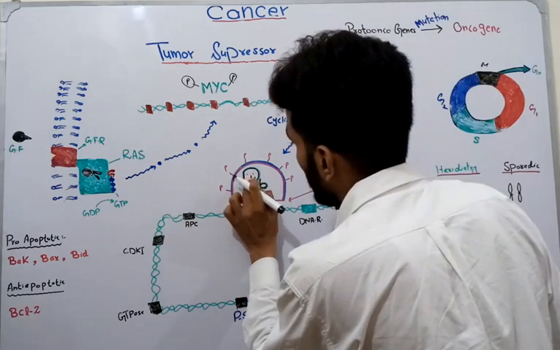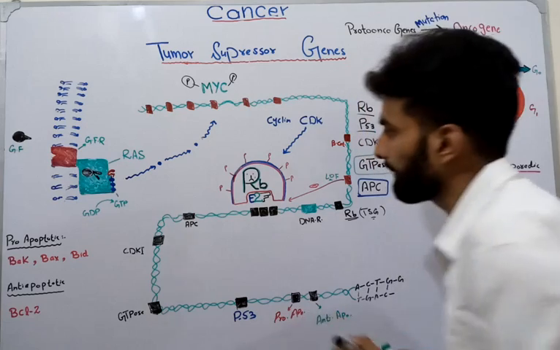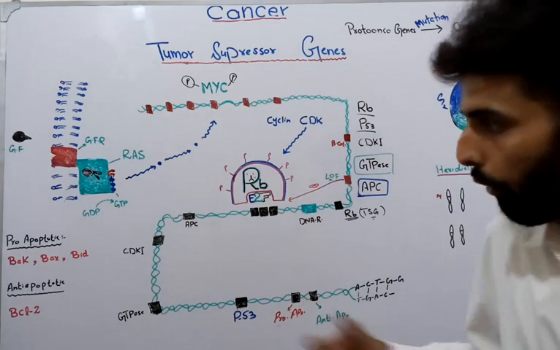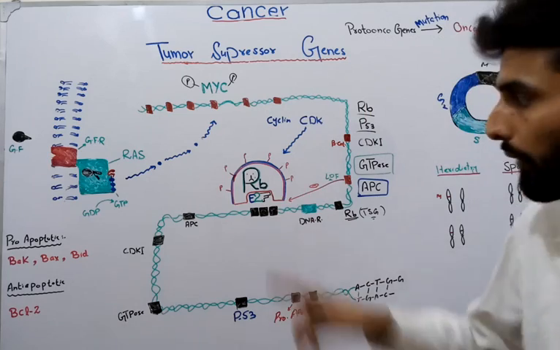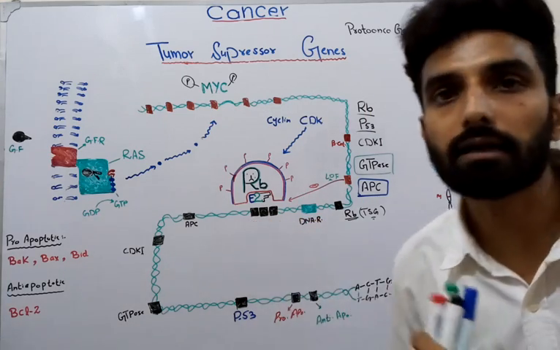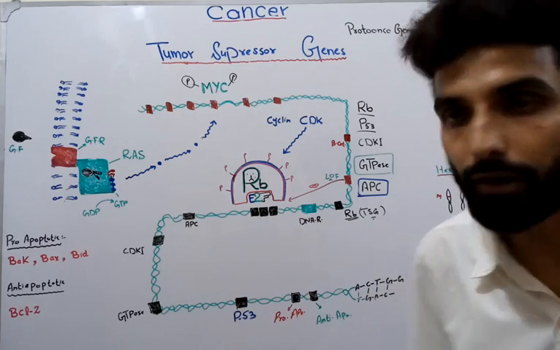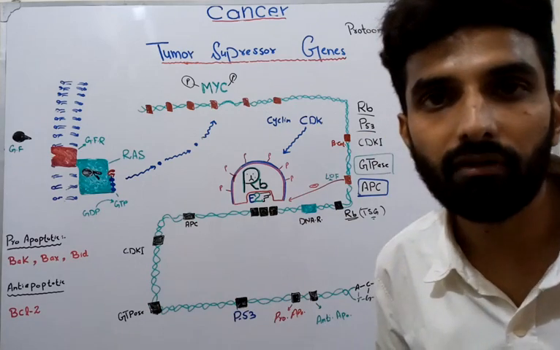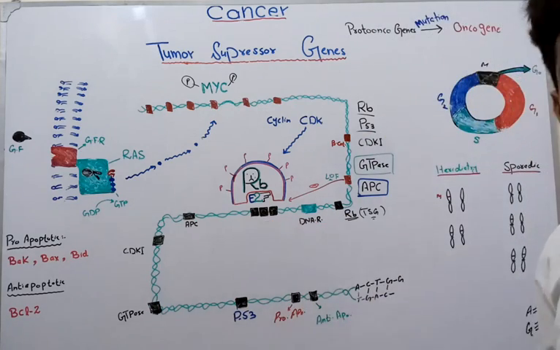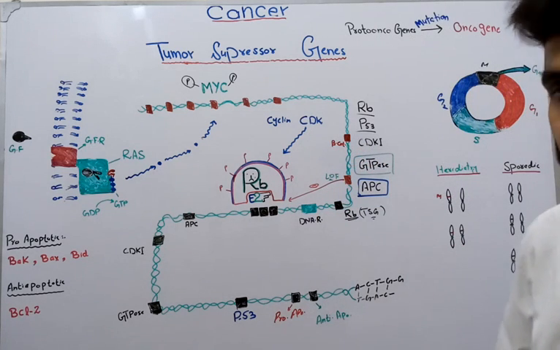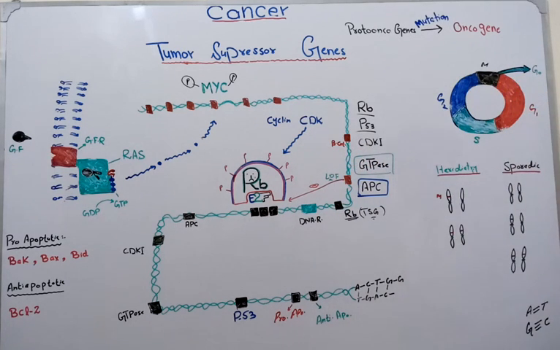It will become inactive, and now it will not be able to hold E2F anymore. Now E2F will be free. It will bind on these genes and start the process of transcription. So this CDK is stimulating the transcription of these genes, and it is stimulating the cell to enter into S phase from the G1 phase.